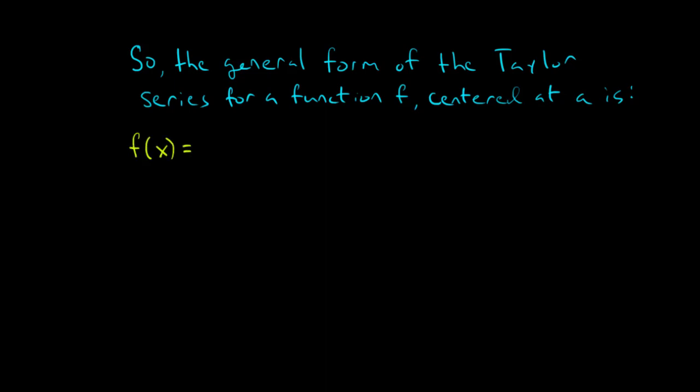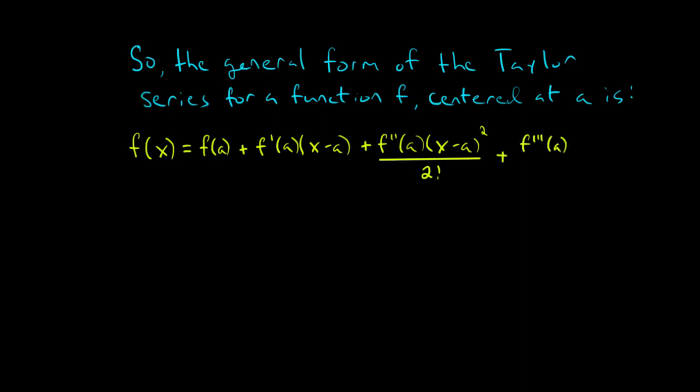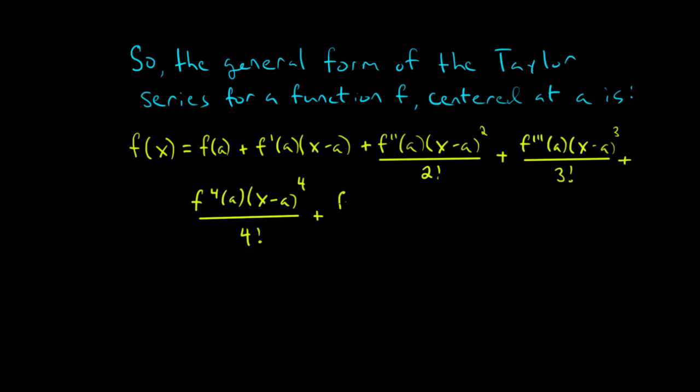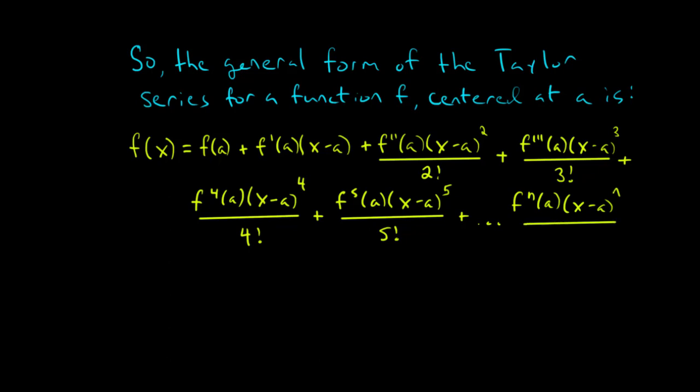F of x equals f of a plus f prime of a times (x minus a) plus f double prime of a times (x minus a) squared all over 2 factorial, plus f triple prime of a times (x minus a) cubed over 3 factorial, plus the fourth derivative at a times (x minus a) to the fourth over 4 factorial, plus the fifth derivative at a times (x minus a) to the fifth over 5 factorial, and so on until you get to the nth derivative at a times (x minus a) to the n over n factorial. And again, we can let n go to infinity.